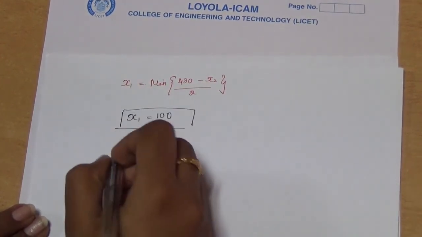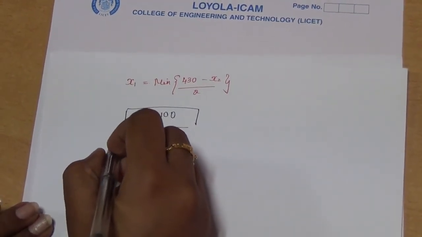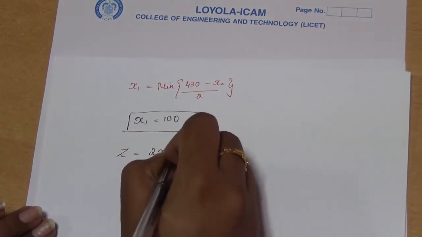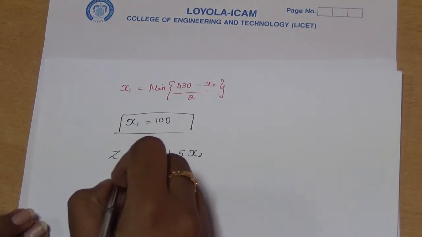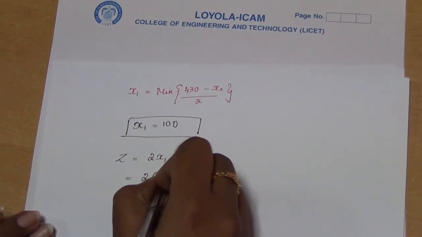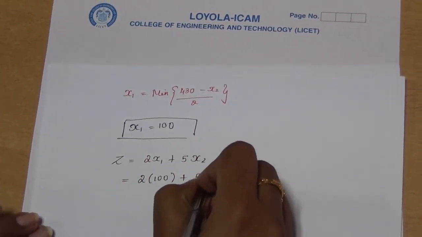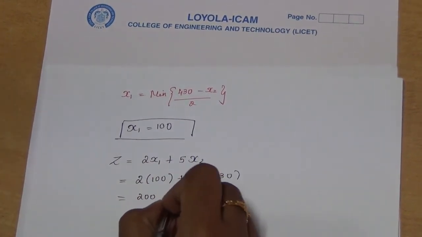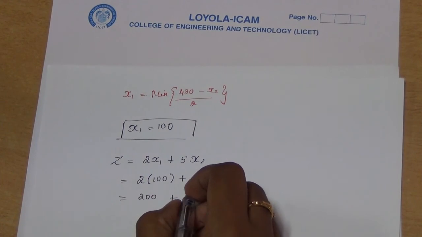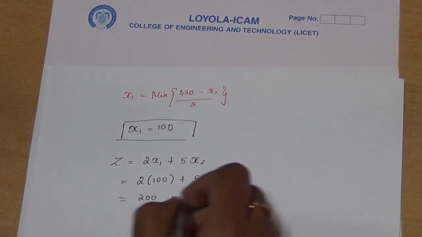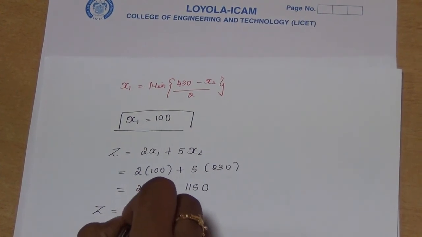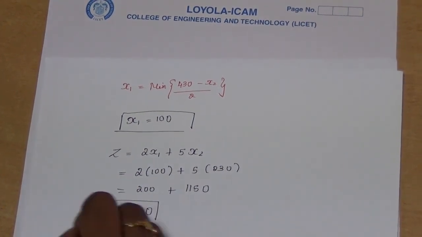As we have found the x1 and x2 values, we can substitute them in the objective function, which is z equal to 2x1 plus 5x2. x1's value will be 100 and x2 value will be 230. 2 into 100 is 200 plus 5 into 230 results in 1150. So therefore the final answer is z equal to 1350. Thank you.